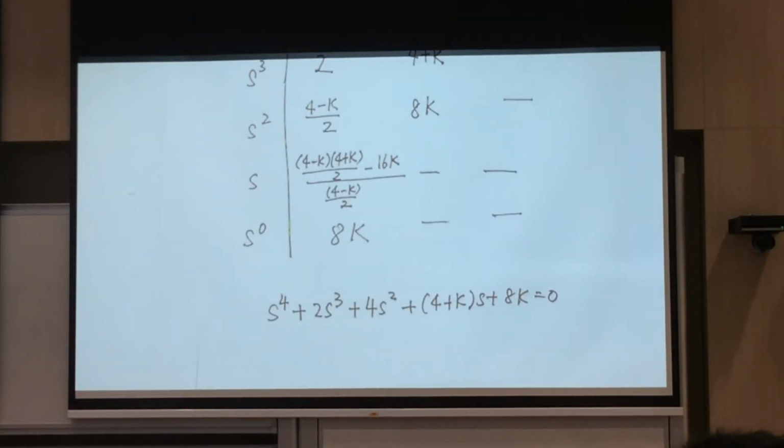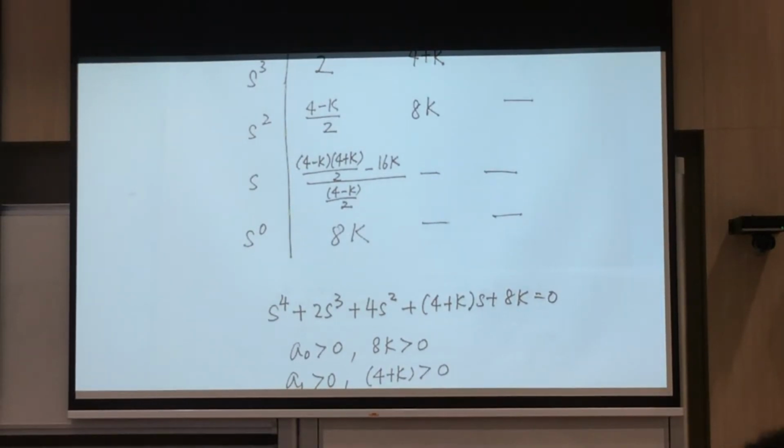So 1 is positive, 2 is positive, 4 is positive. a0 must be bigger than 0, so k bigger than 0. a1 must be bigger than 0, so 4 plus k bigger than 0.